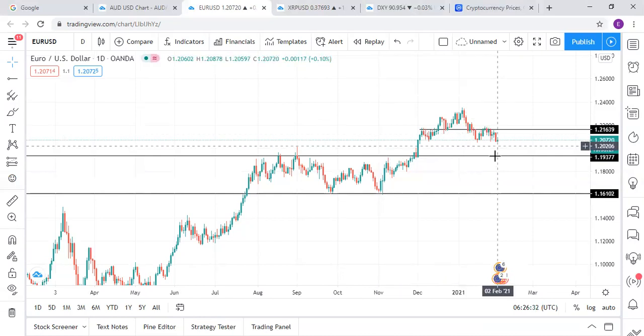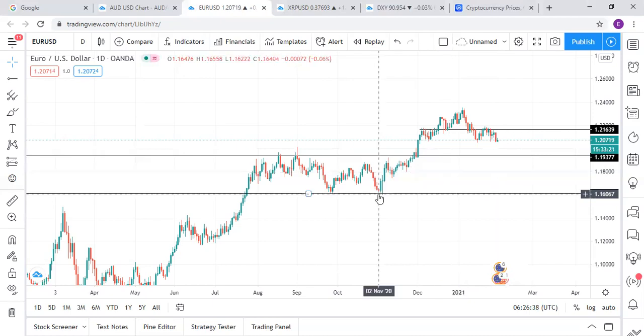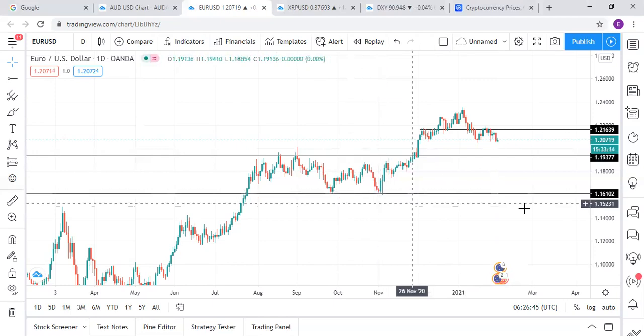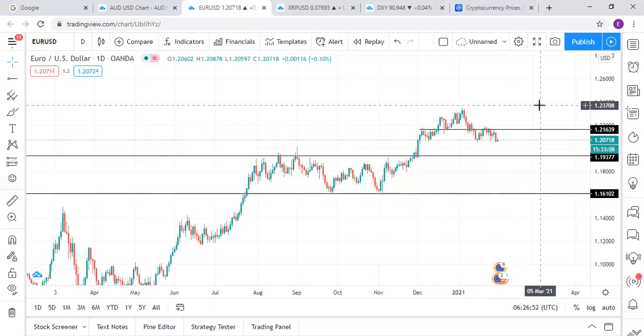You understand what I'm trying to say? But for me to be very sure of this downtrend, to say, okay, we are now in a downtrend, I need it to break the low, this low, this too low. Once I see it, then I'm confident, because like I said, we can still have something like this come to this area, then the uptrend can continue.